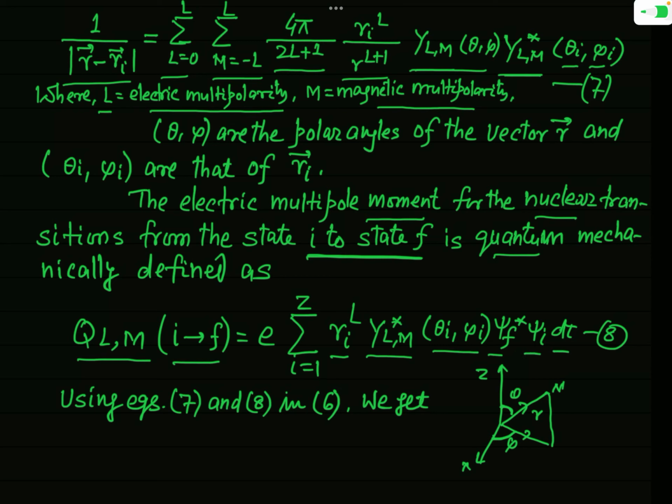This is just the value of the multipole moment of a nuclear transition from initial state to final state, as we study in quantum mechanics.